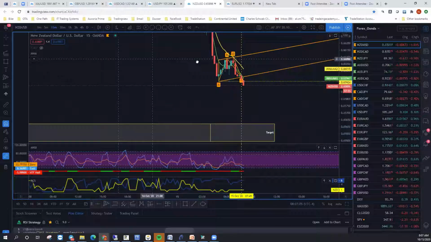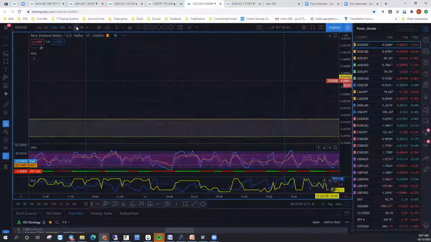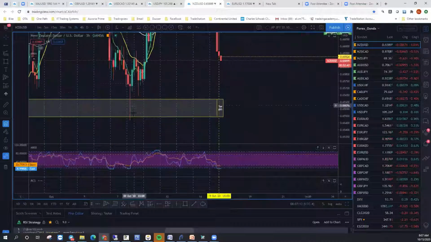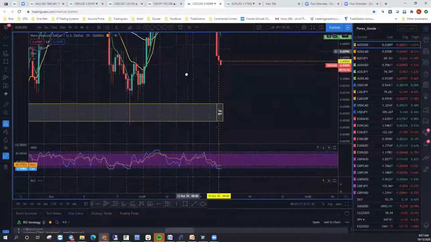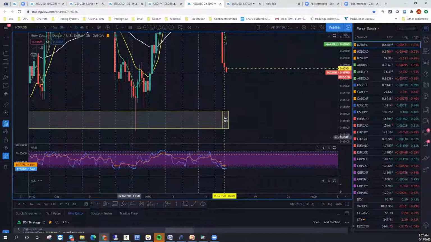I'm going to come over here and see what I can find over to the left. I'm going to tighten up my chart a little bit. And right here, here's where this thing got rejected, came all the way back down, rejected it, and that's where this move originated. So right now it's looking like it's trying to head back down, but we have this area that we have to be looking at.